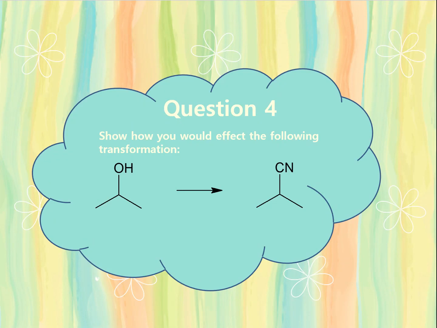All right, so this leads us to our question 4, which says, show how you would effect the following transformation. So how would you go from an alcohol to substituting the alcohol with our cyanide group here?